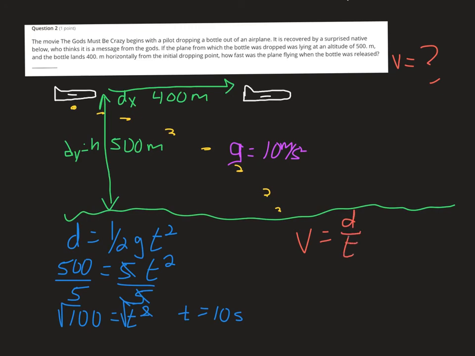This time I need to use my 400 meters, divided by the 10 seconds, which gives me a velocity of 40 meters per second. That should be what we were looking for: the initial velocity of the plane.